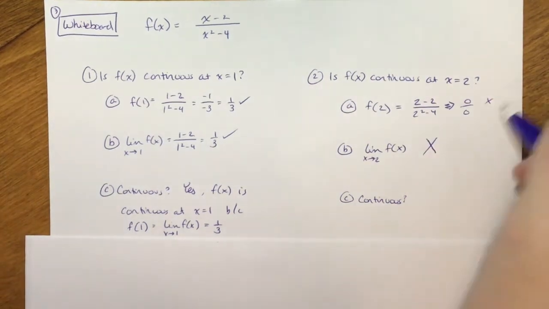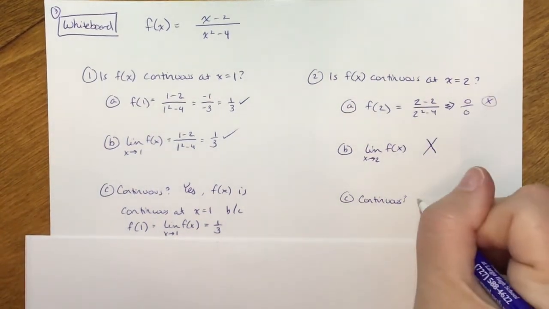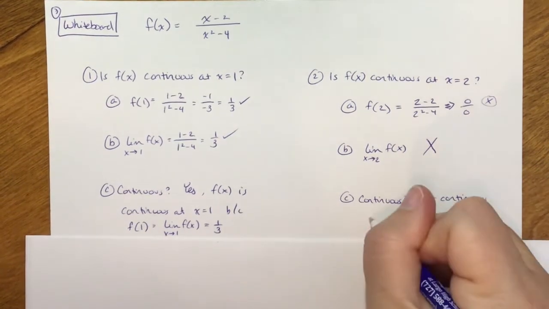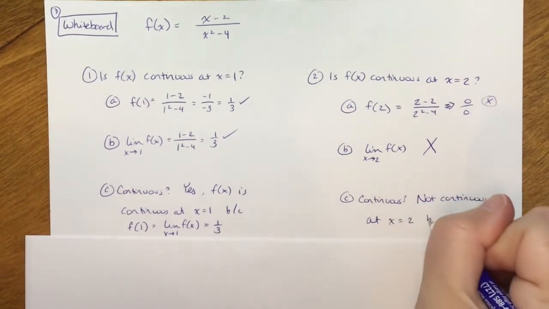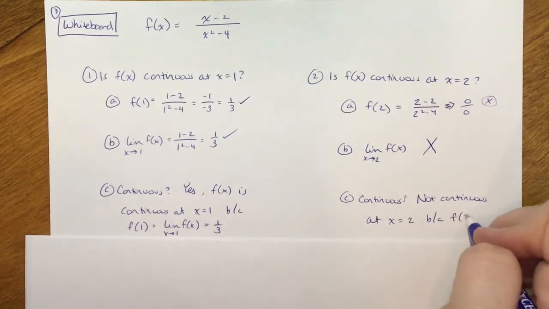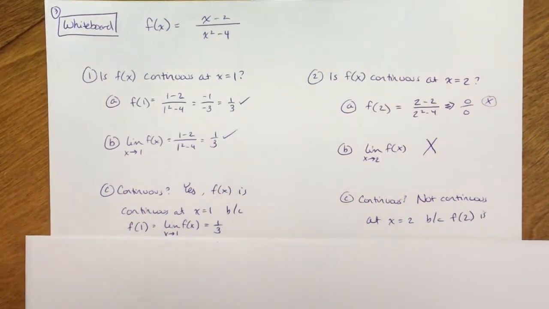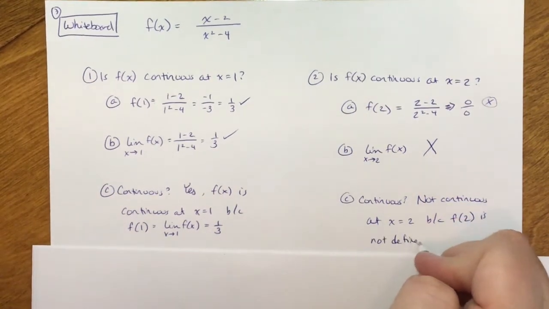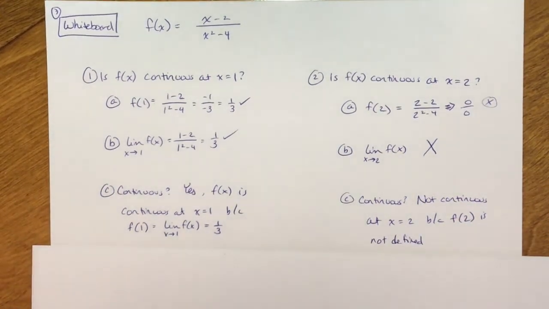I fail right here. So is it continuous? It's not continuous at x equals 2 because f of 2 is not defined. Or I could say f of x is not defined at x equals 2. Both of those phrasings would be just fine.